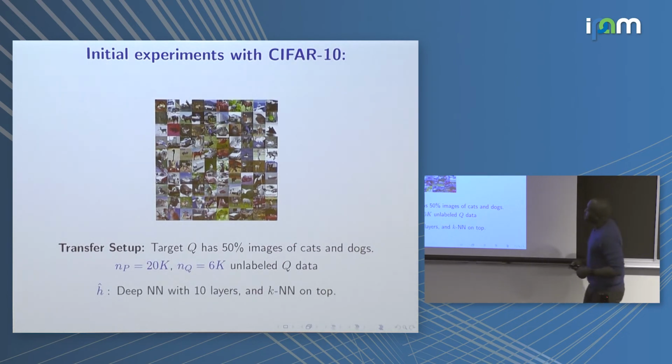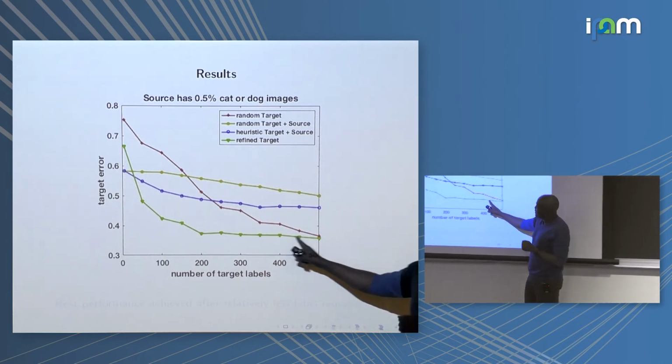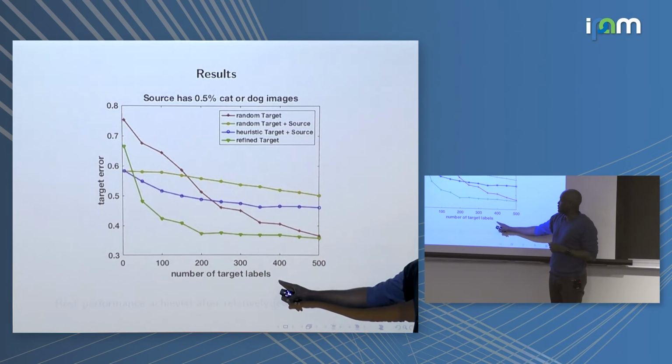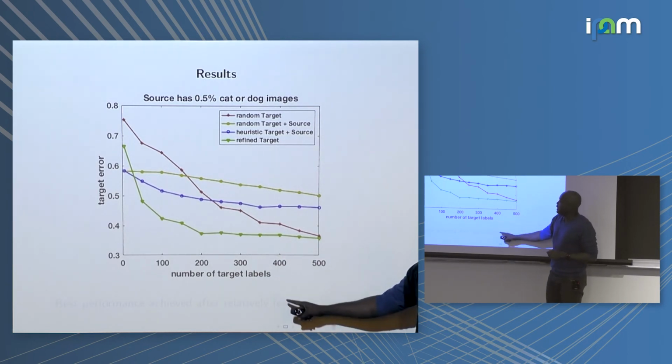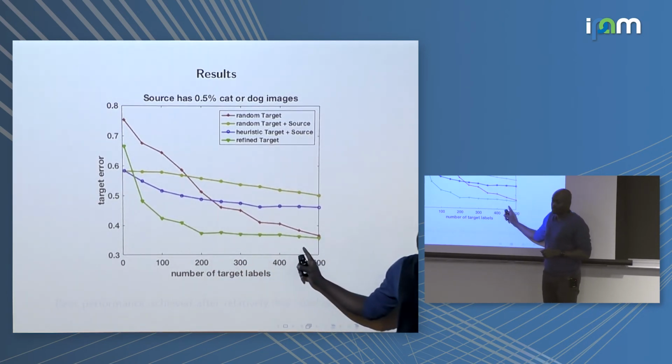All right, so the result is the following. Here is the heuristic I described. And this is the sampling complexity, how many target labels are allowed. And quickly, we see how well we can do on that particular data set.